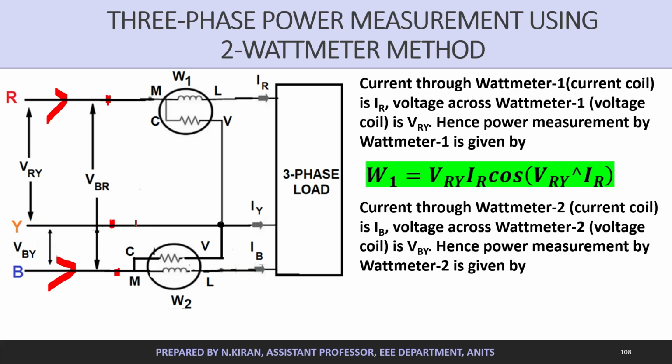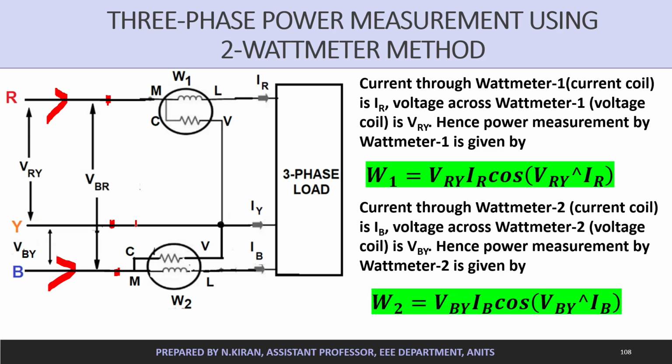Therefore, the power measured by the second wattmeter is given by W2 is equal to VBY into IB into cos of the angle between VBY and IB. So now my objective will be to find the angle between VRY and IR, and between VBY and IB, and that can be found by means of a phasor diagram.